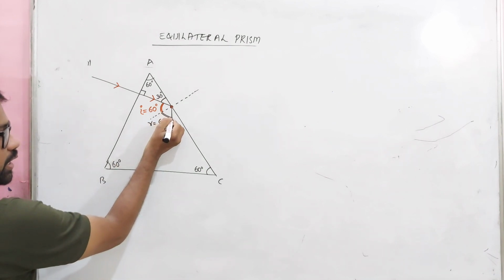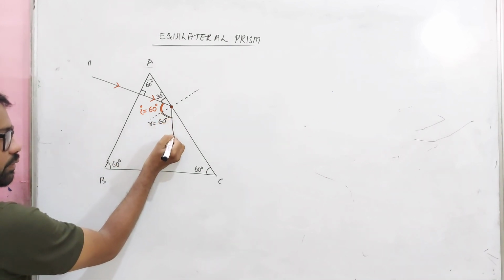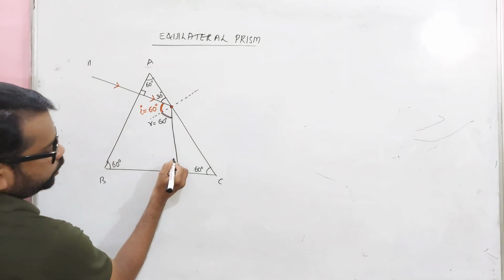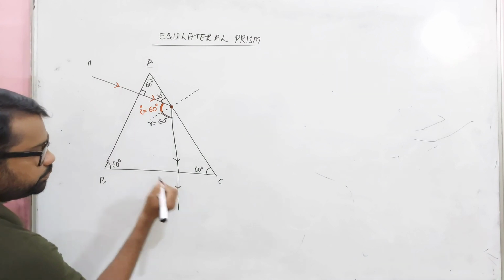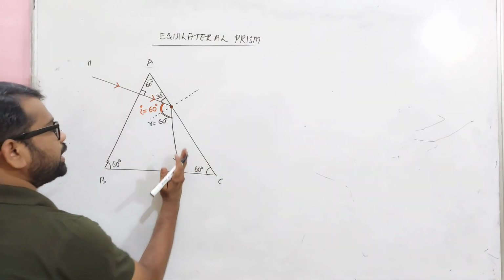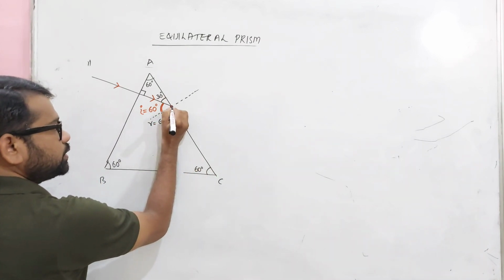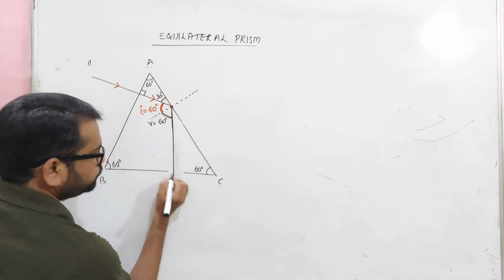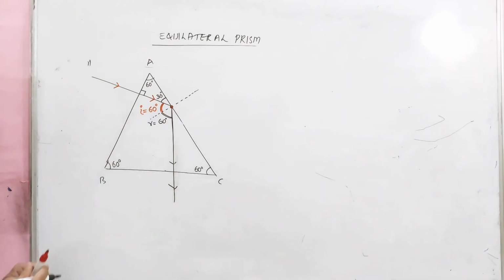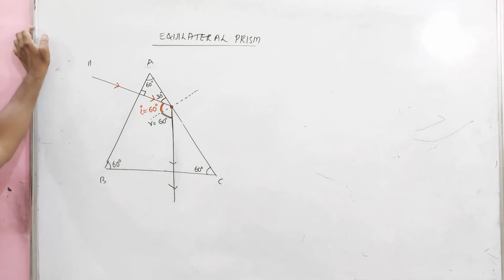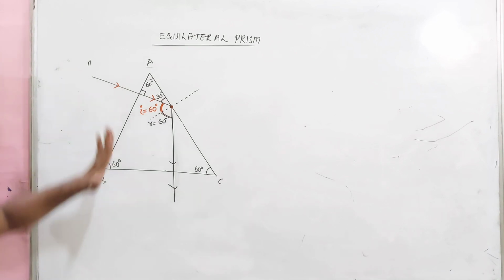And by default, children, this light ray will again become normal to BC, so it will go undeviated, straight. Children, this is how total internal reflection can occur in the case of an equilateral prism.